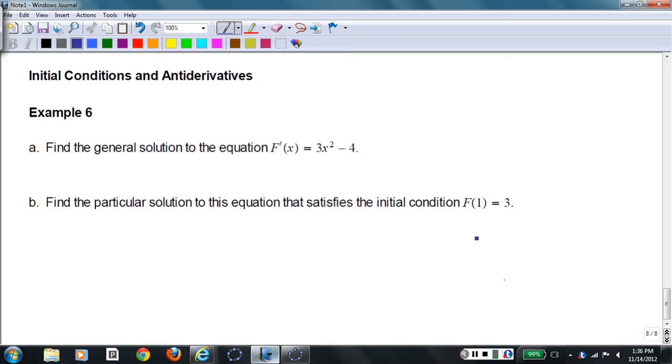So if f prime of x equals 3x squared minus 4, we could do it something like this. The integral of f prime of x dx equals the integral of 3x squared minus 4 dx.